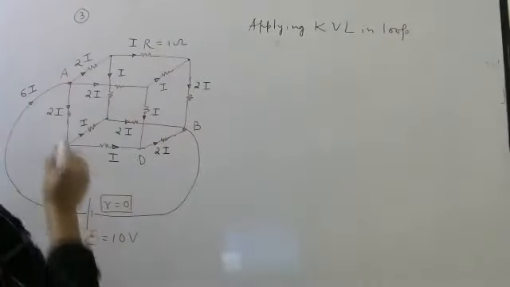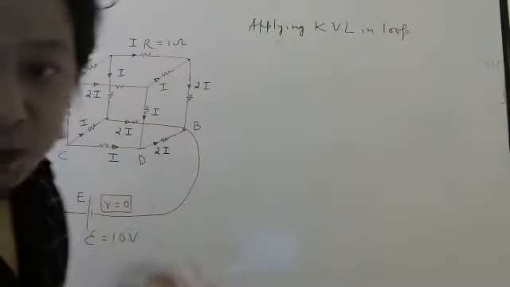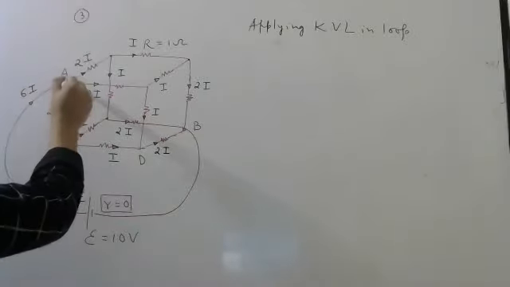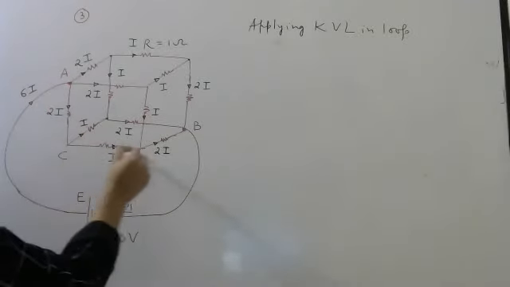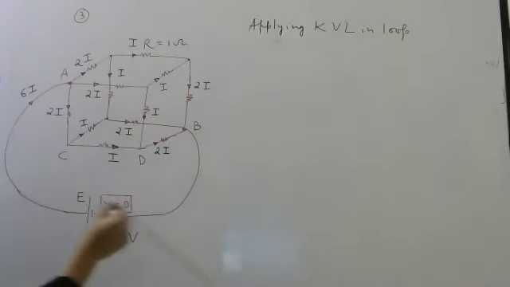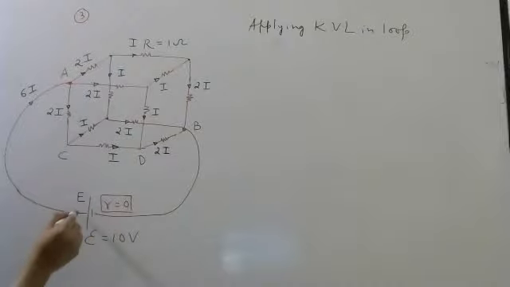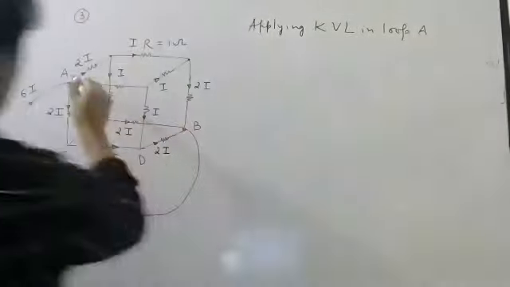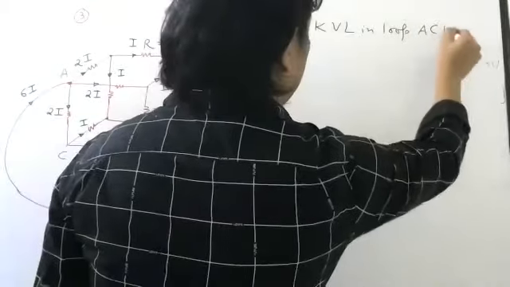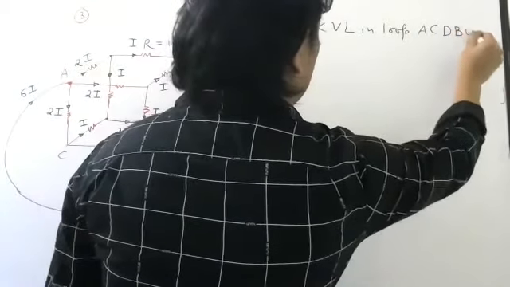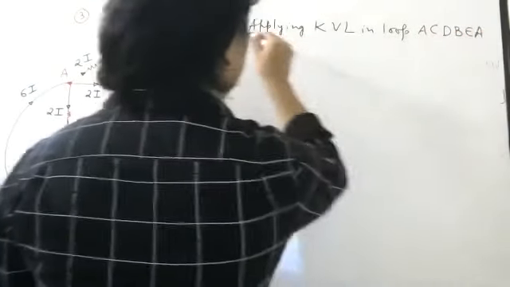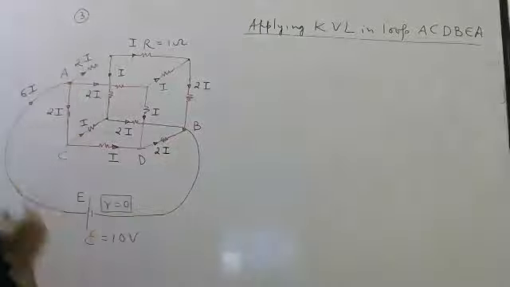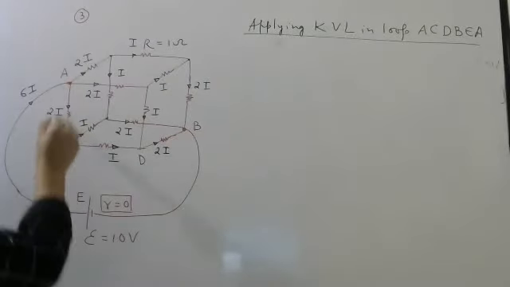Any loop you can choose, but choose a loop which will be easy to solve. So A, C, D, B, E, A. I am going to apply KVL in this loop.